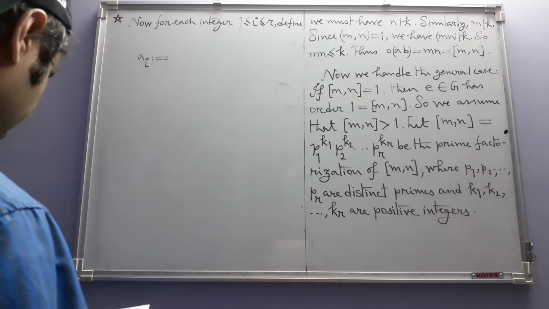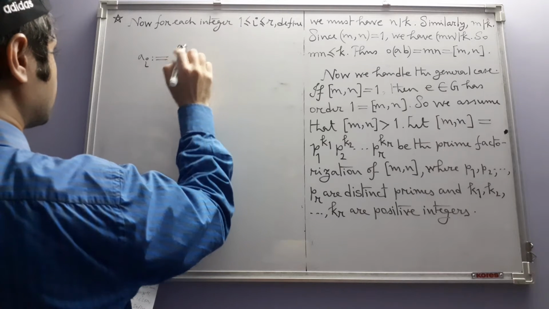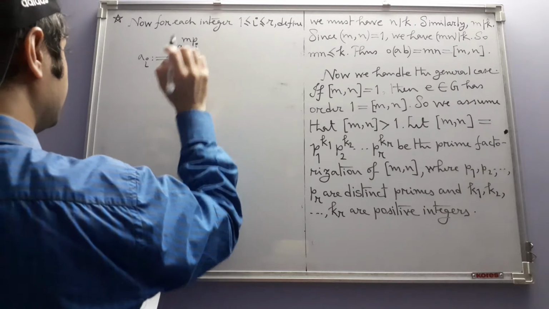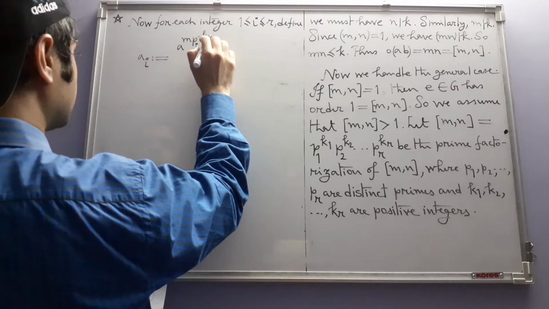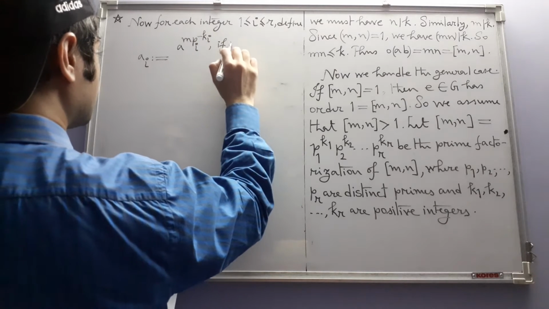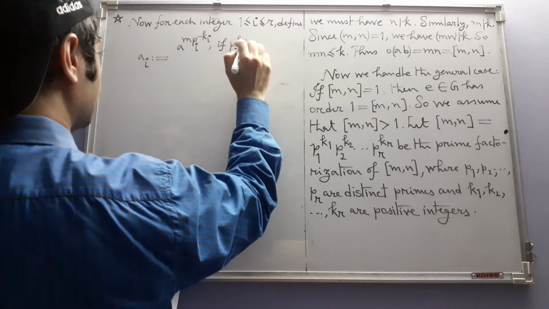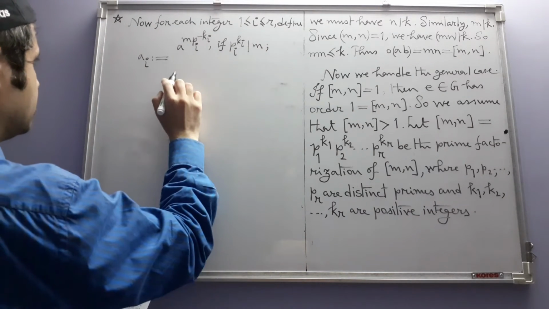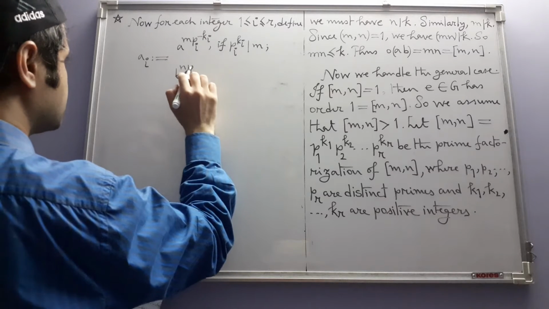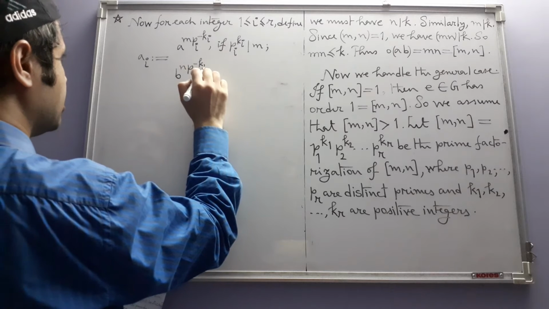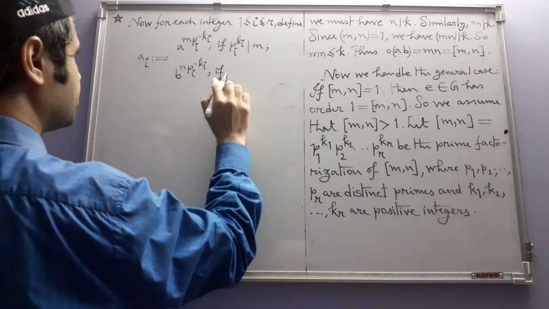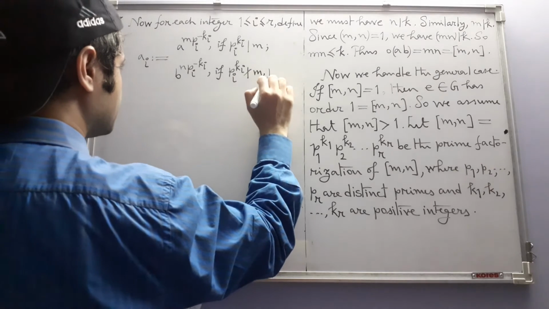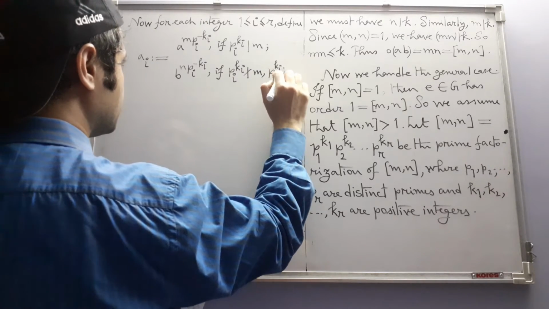Okay, ai is defined to be this: a to the power m times pi to the power minus ki if pi to the power ki divides m, and b to the power n times pi to the power minus ki if pi to the power ki does not divide m but it divides n.